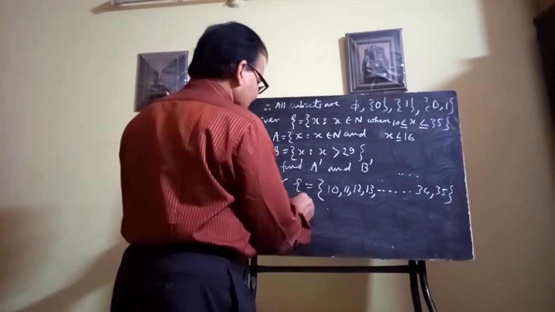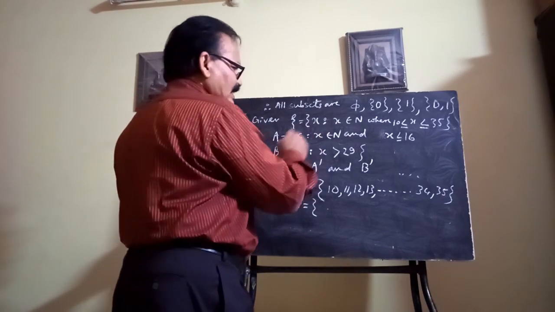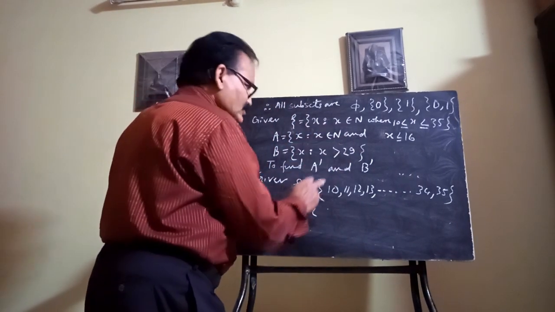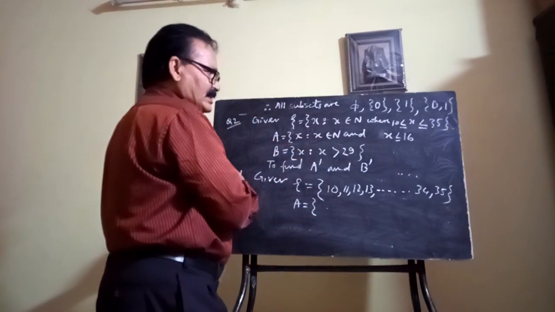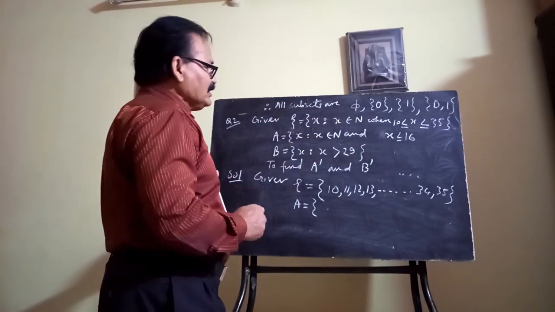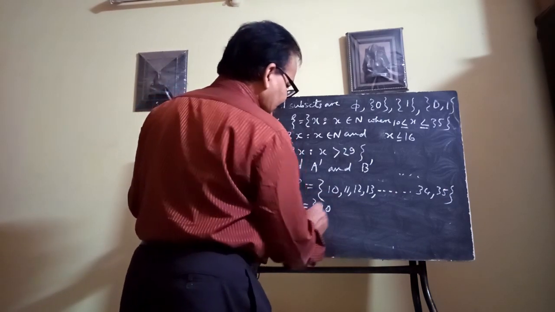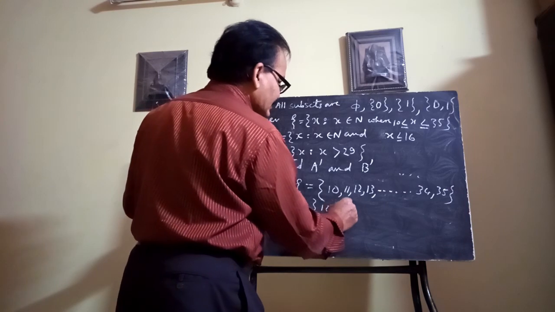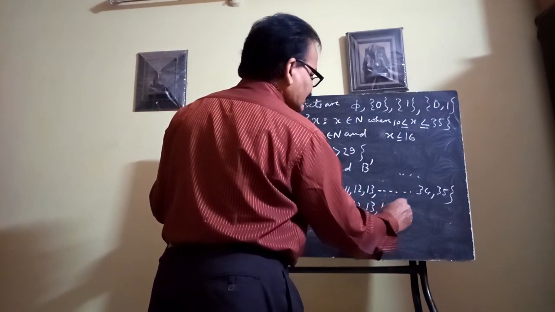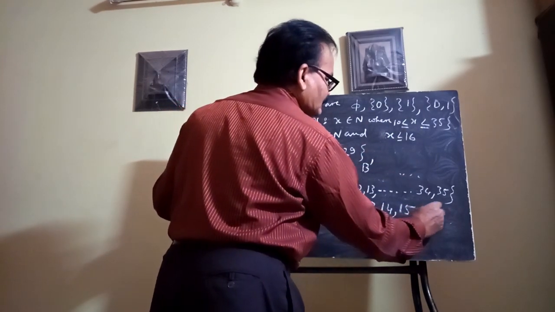Now set A is x belongs to natural number and x is less than or equal to 16. All these elements of set A belong to the universal set also, because A is a subset of the universal set. So the elements of set A are 10, 11, 12, 13, 14, 15, and 16 also you have to take.